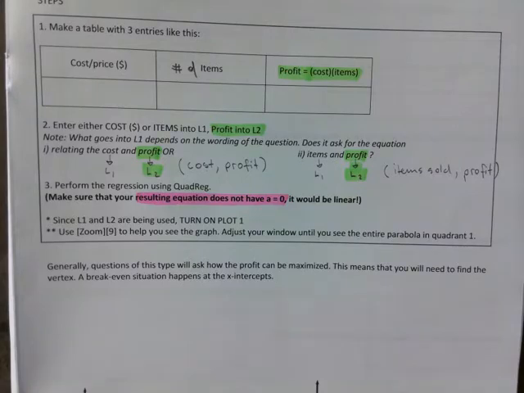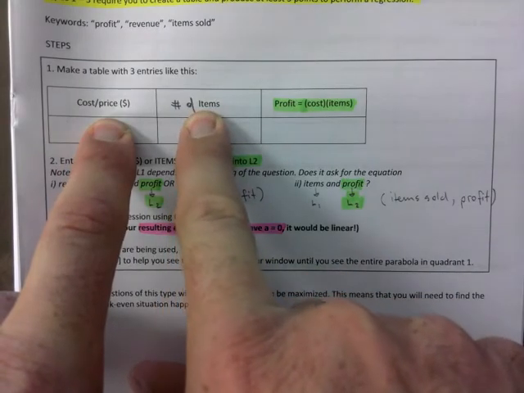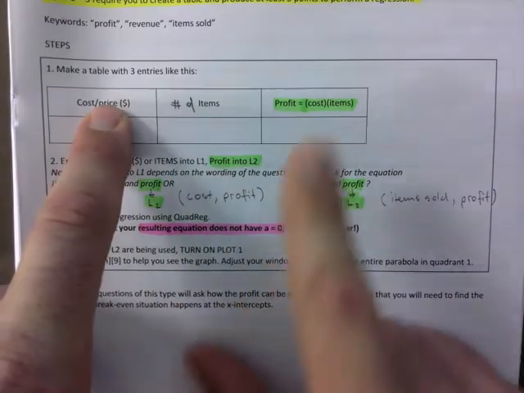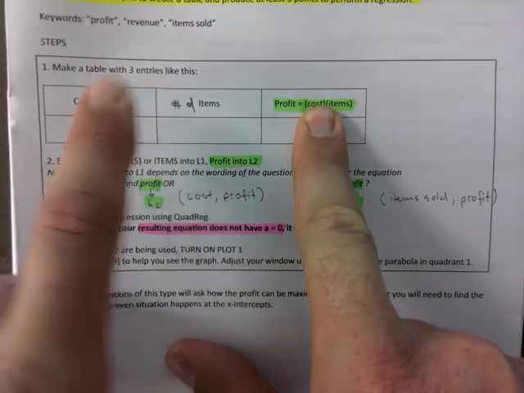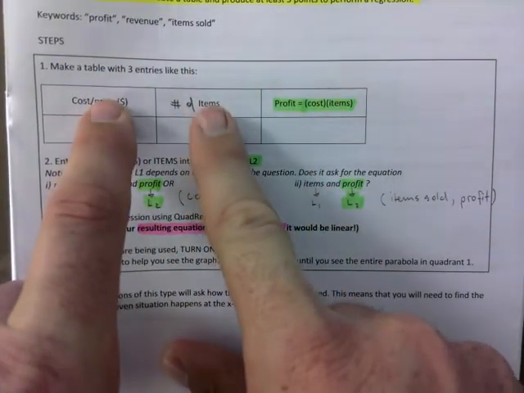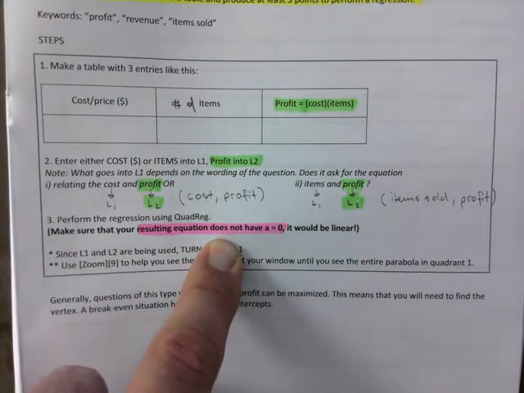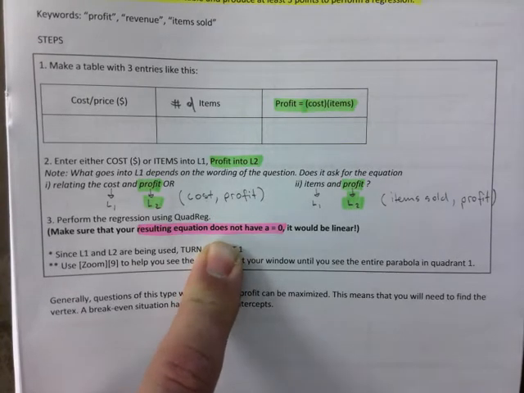Because students are so used to, oh, L1, L2, that they put this into L1, this into L2. It's not like that. It's cost and profit, or items and profit, right? But never put both of these into L1 and L2, because then A is going to be 0 when you perform the regression, and you should know, oh, Mr. Dixon warned me, so don't do it.